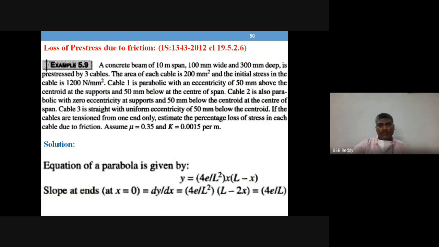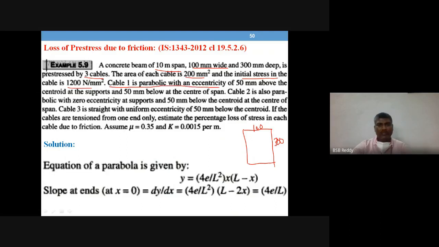The concrete beam, 10 meter span, 100 wide, and 300 deep, so this 100 and 300, is pre-stressed by three cables. The area of each cable is 200 square mm, and the initial stress in each cable is 1200 Newton per square mm.